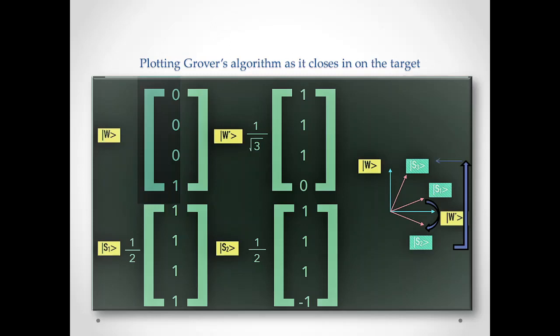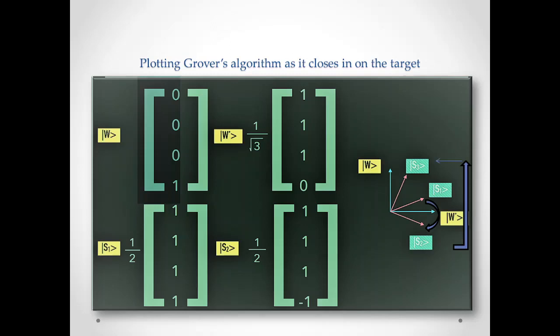Now when we apply the reflection operator, it reflects our new vector state S2 about our original S1 vector, and we end up getting S3. We can see that the combination of these two reflections brings us closer to our winning vector, ket W. The number of times we apply the amplitude amplification will scale as root N.